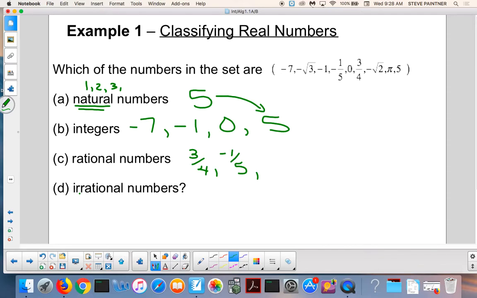Hey guys, you see these integers? Are these fractions? If I put them over 1, are they fractions? Yeah. So if something's an integer, integers fit inside the rationals. So if you see integers, they're all rational. You just copy those down, don't you?